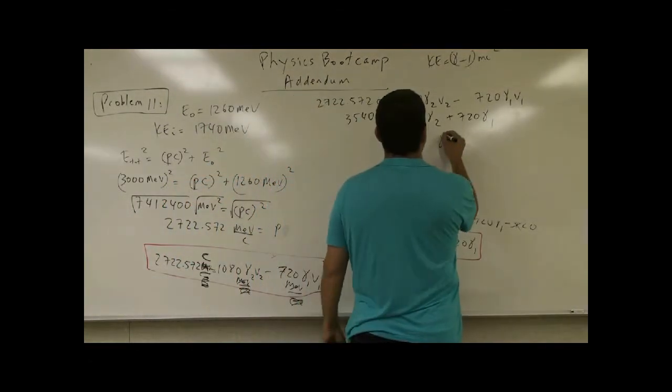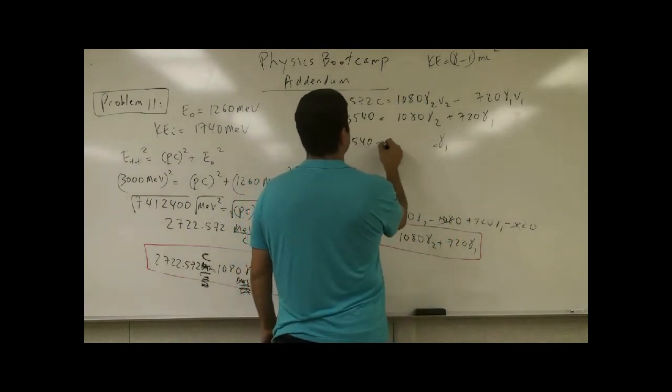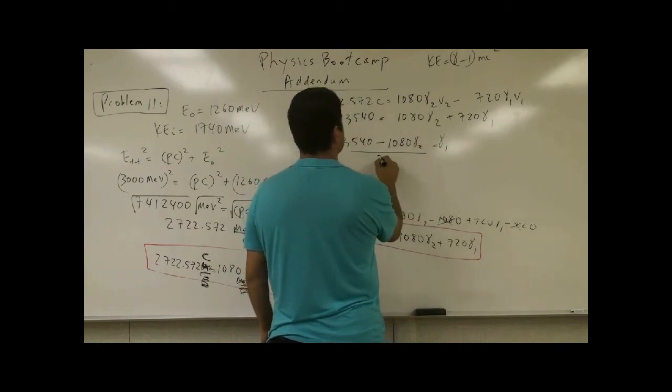I can say gamma 1 is equal to 3540 minus 1080 gamma 2, divided by 720.